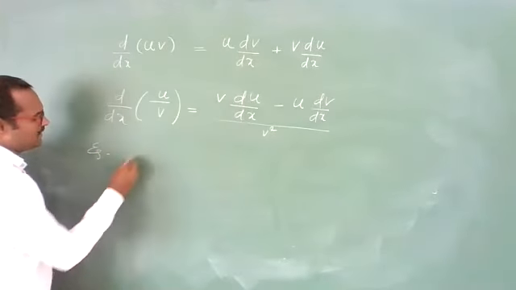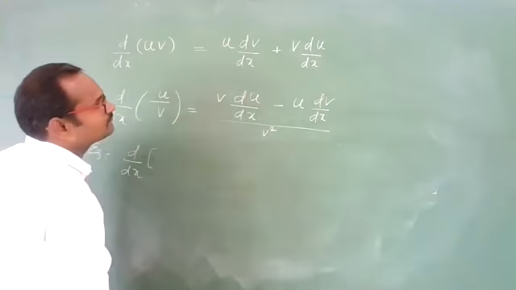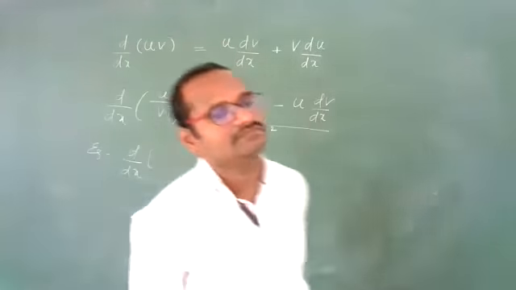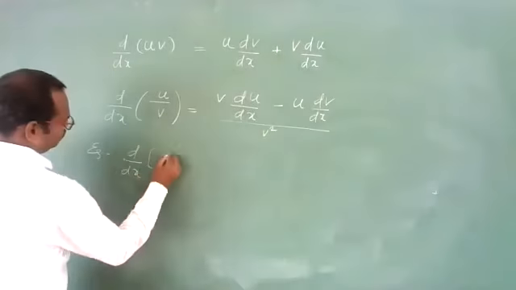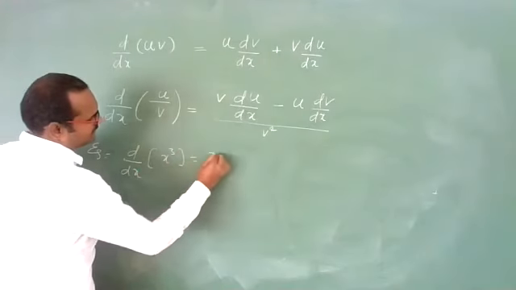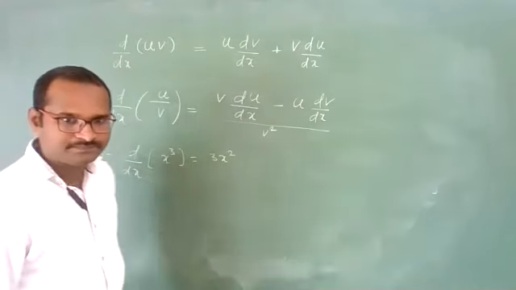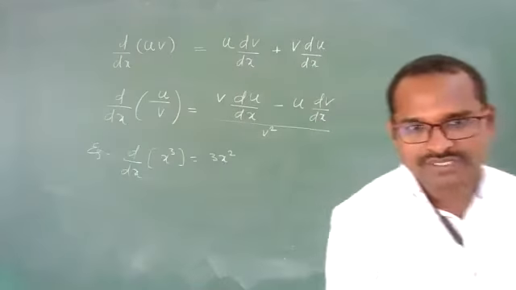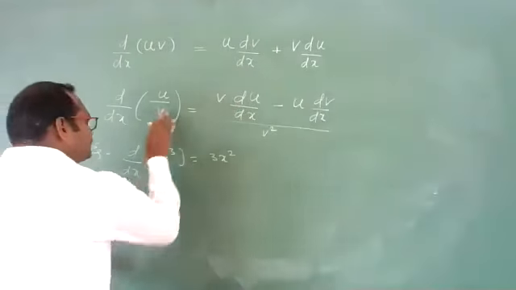Let us suppose we want d by dx of x cube. What will you get as the answer? 3x square you will get as the answer. You know this. You remember this one. Now let us do it with this method.